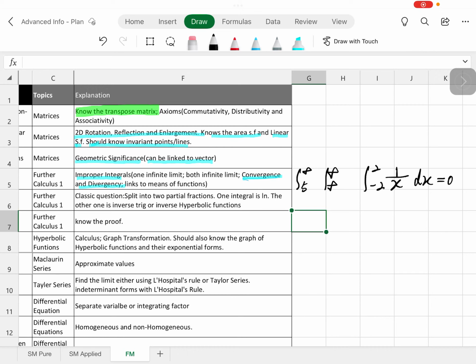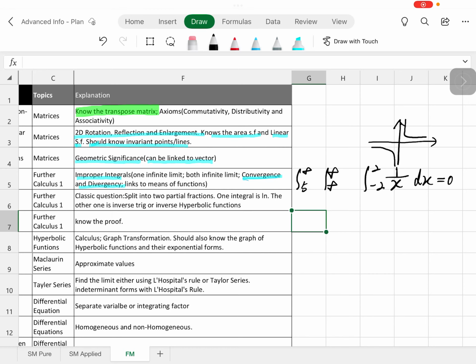But actually, if you draw the graph, you can see it. And the graph is not continuous at x equal to 0. So you have to consider the convergency divergency from parts.